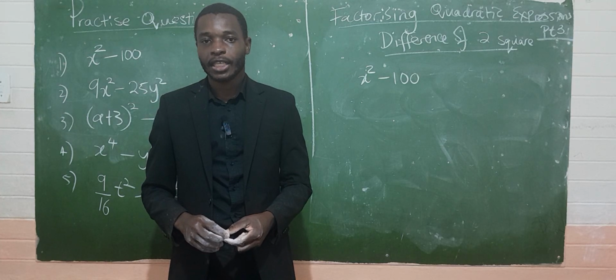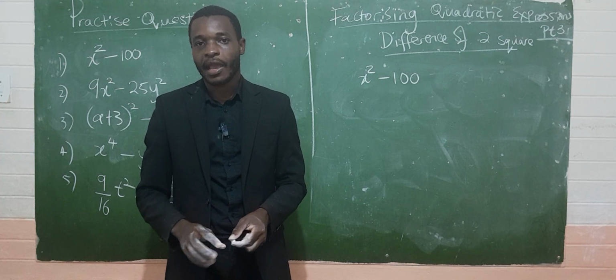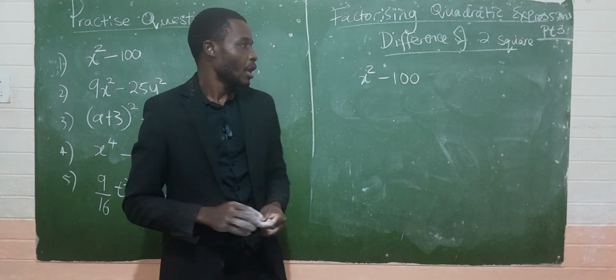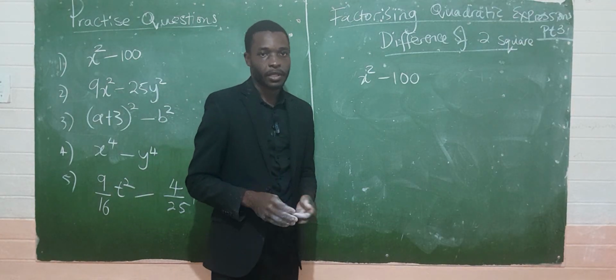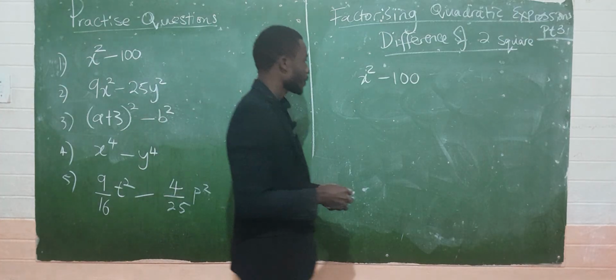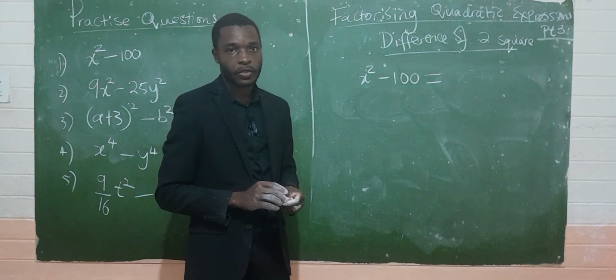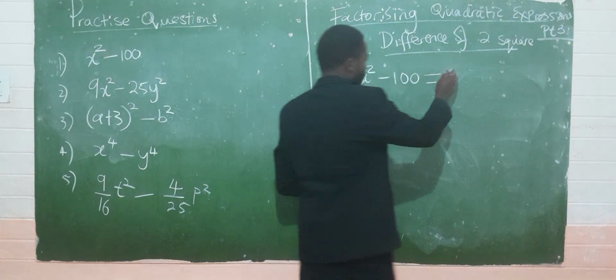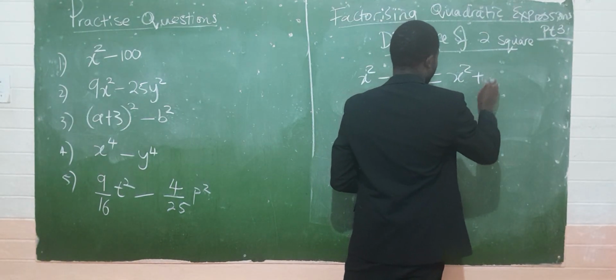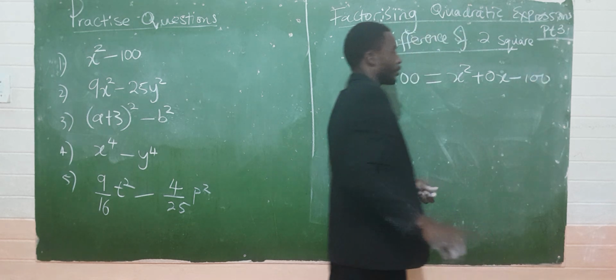Before I show you the technique used to factorize an expression that looks like this, I'll first show you the long method that we've been using even in the previous videos. Well, this is a shortened expression of x squared plus 0x minus 100.